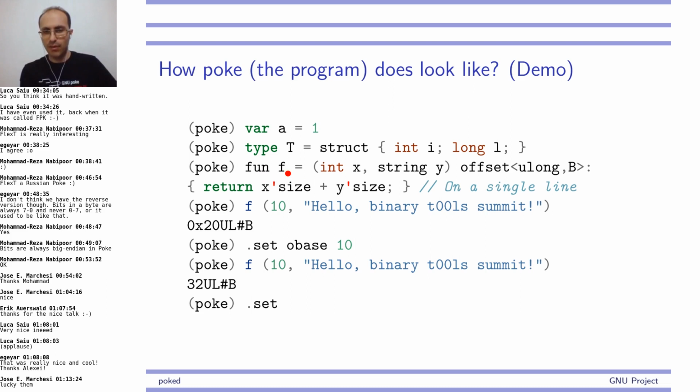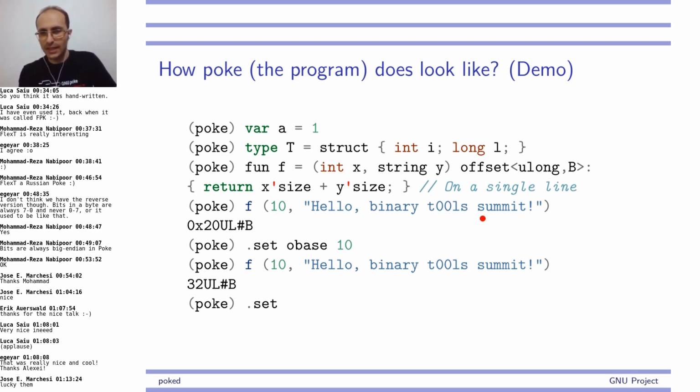And here we're defining a function f, which takes two arguments, x of type integer and y of type string, a null-terminated sequence of data, and returns an offset type of ulong in bytes. So we are just adding the sizes of those values. You have to run all this on a single line because of limitations.